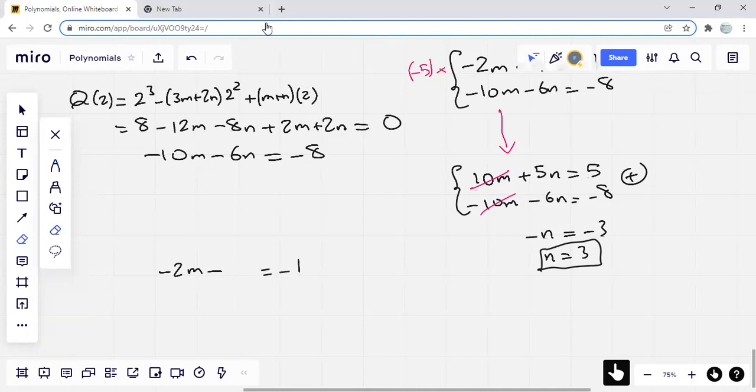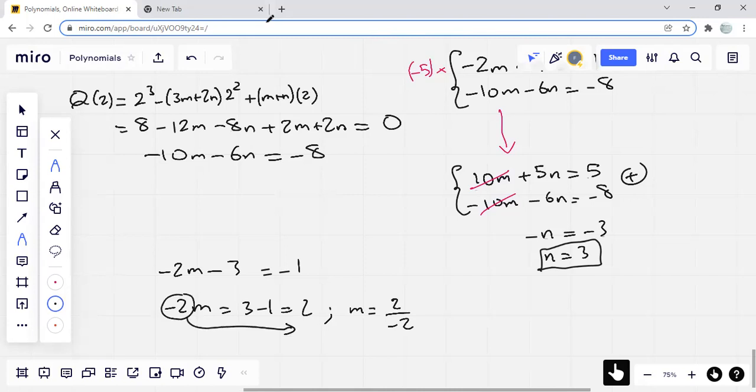Instead of n, we will put 3 here. Now to find m, we can do minus 2m is equal to 3 minus 1, which is equal to 2, and thus m is equal to 2 divided by minus 2. We divide by minus 2 on both sides. This will be equal to minus 1. So we found m is equal to minus 1, and n is equal to 3.